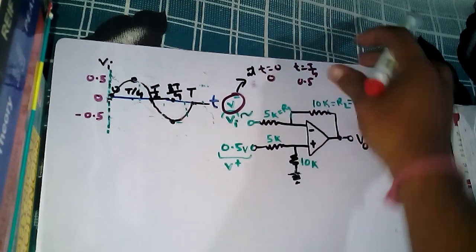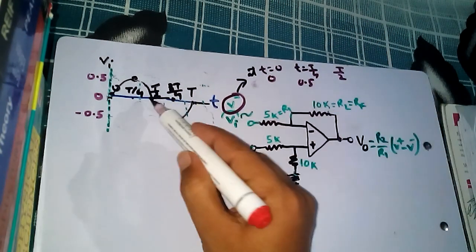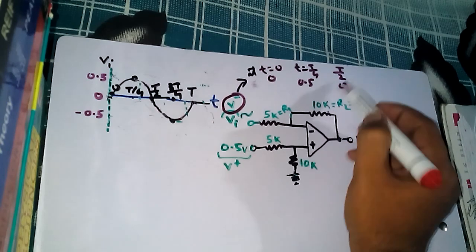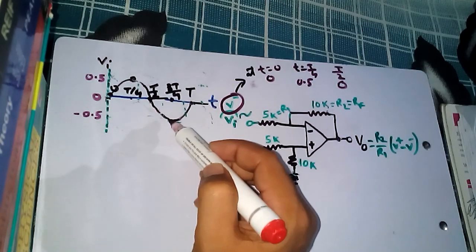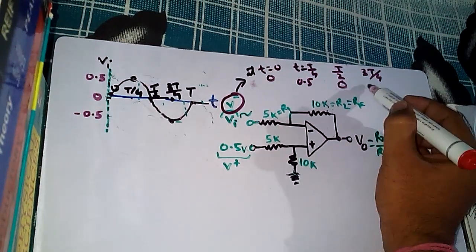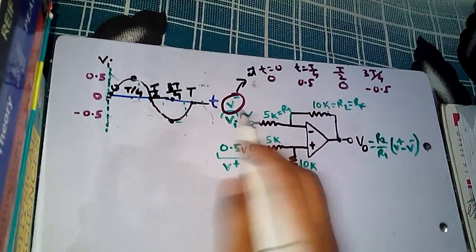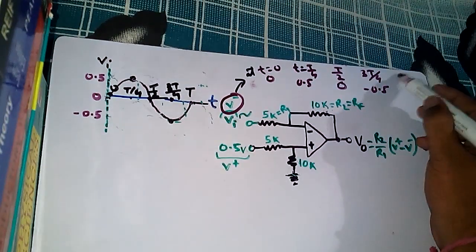Then at T equal to T by 2, what is the voltage? 0. Then at T equal to 3T by 4, what is the voltage? Minus 0.5 volt. And then at T, what is the voltage? 0 again.